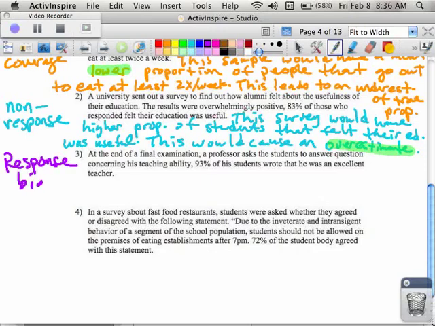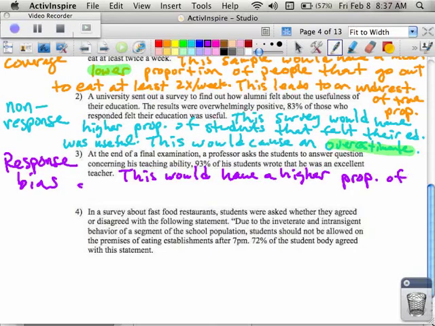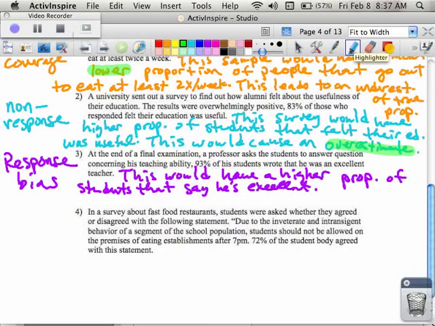In this one, the sample would have a higher proportion of students that say he's excellent, probably because they want a good grade.